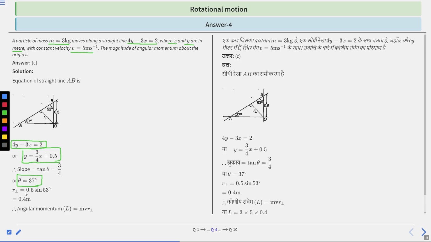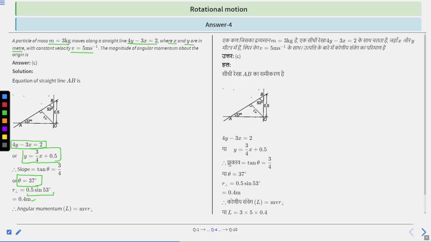And r perpendicular is equal to 0.5 sin 53 degrees. Solving this, r perpendicular is equal to 0.4 meter. This is r perpendicular, and its distance of 0.4 meter we calculated from the equation of slope using the concept of straight line.